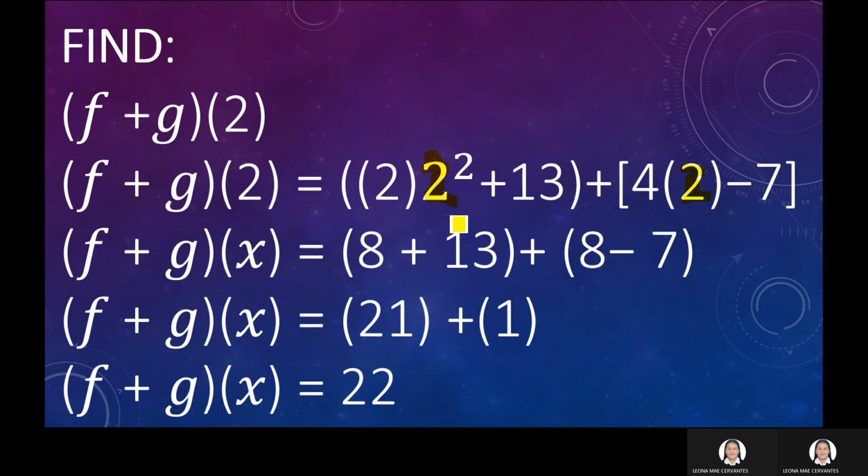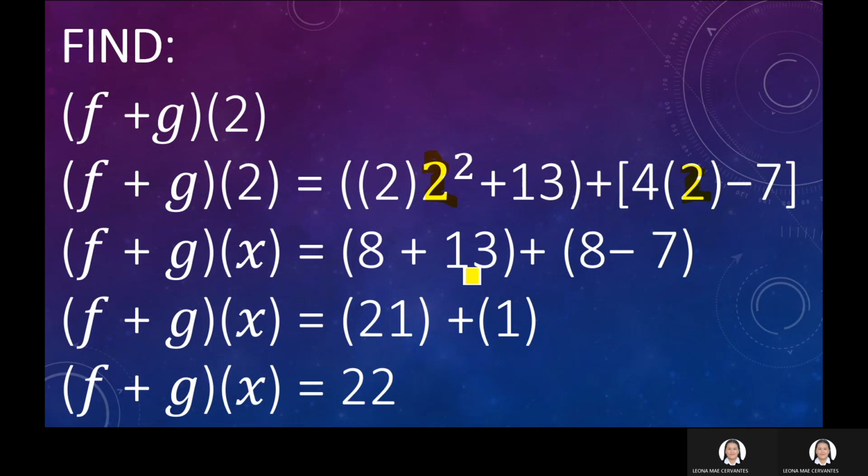So 2 times 2 squared is equal to 8 plus 13. Then 4 times 2 is equal to 8 minus 7.